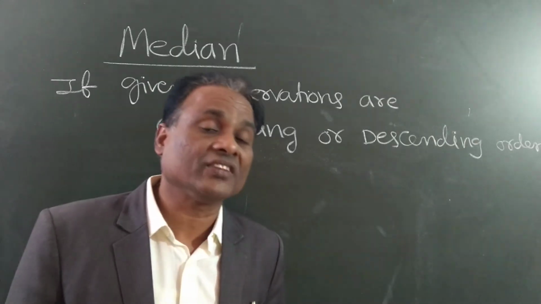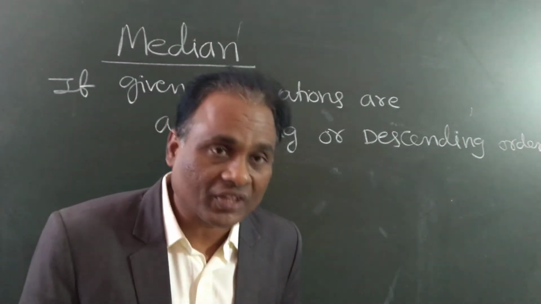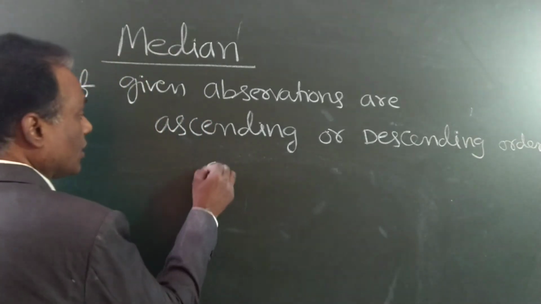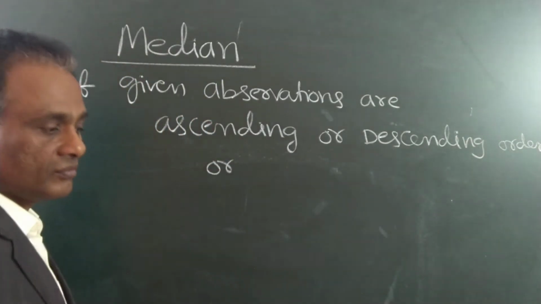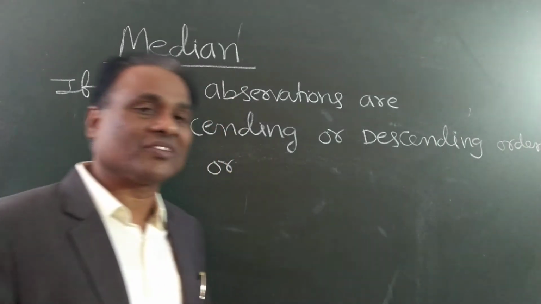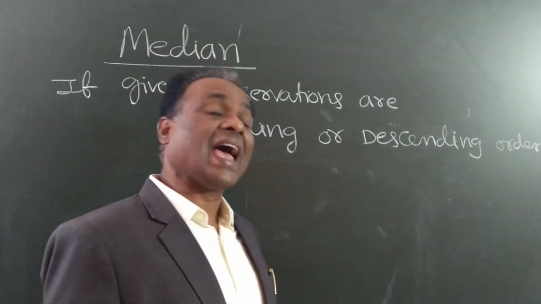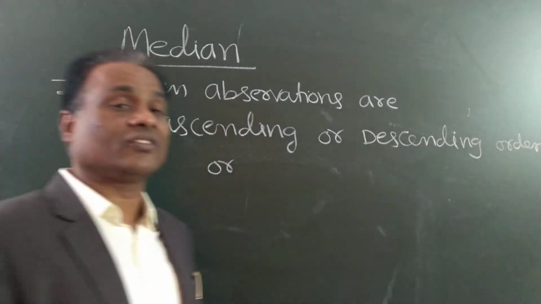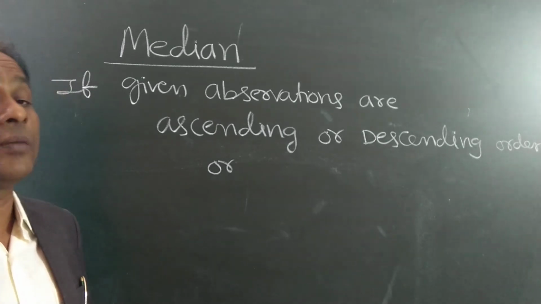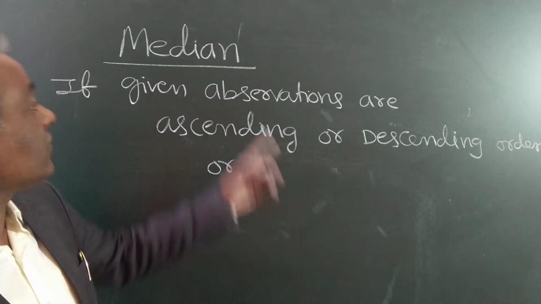its middle observation or average of 2 middle observations is called its median.